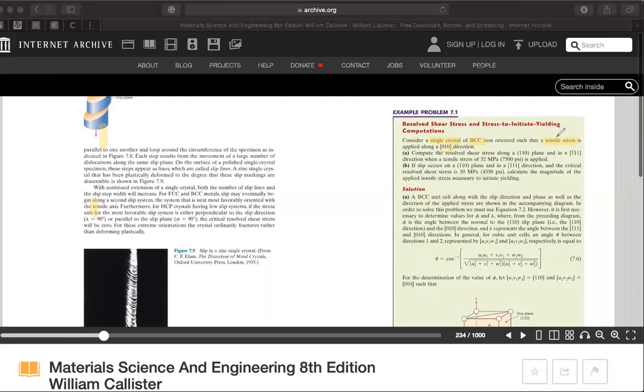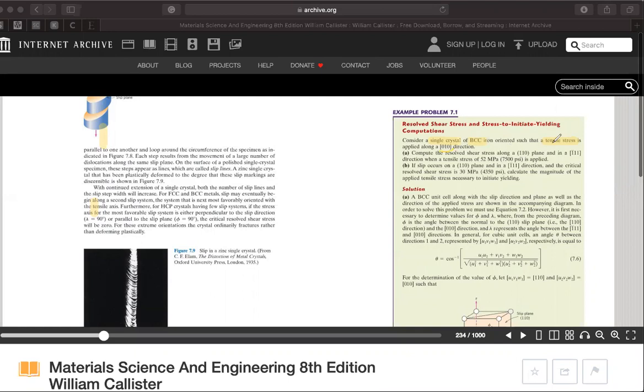The question is, compute the resolved shear stress, because today we learned that for some of the planes, although this is a tensile stress, that tensile stress will be translated into shear stress.